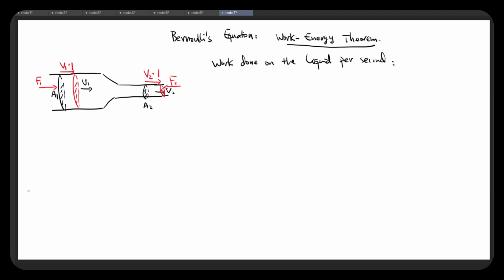So the work done by these two forces is F1 times V1 times 1, and this work is positive. Now the work done by F2 is negative, so minus F2 times V2 times 1. But that's not all, because we also have the work done by gravity.